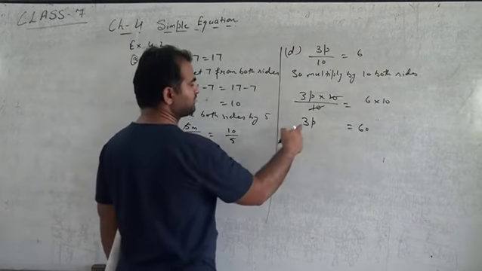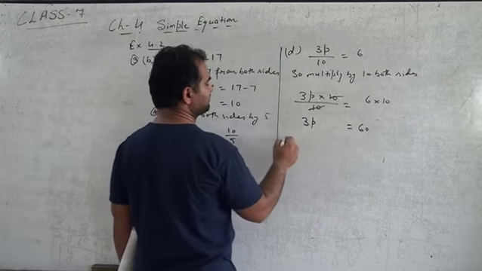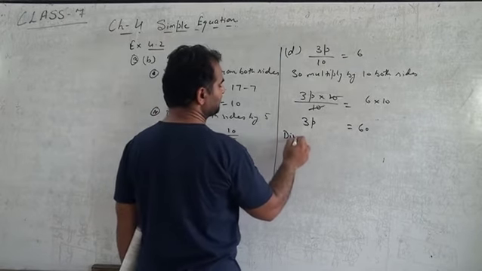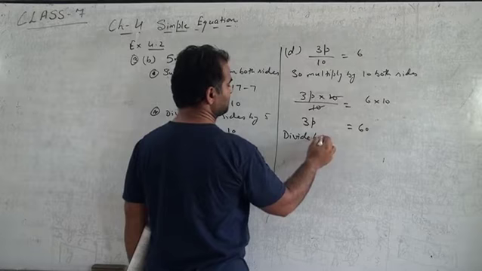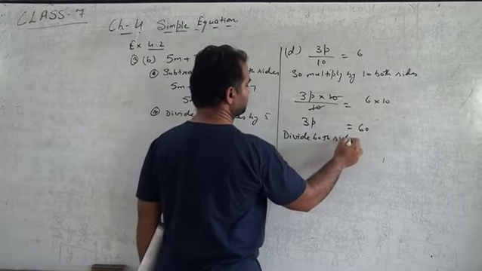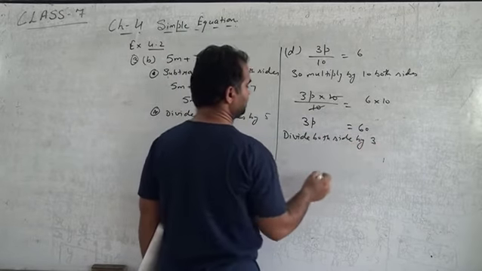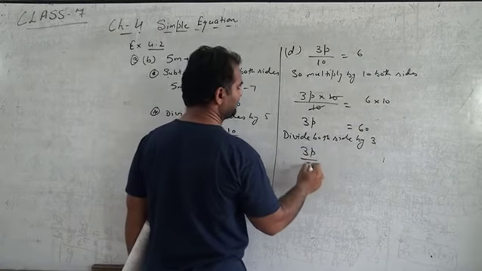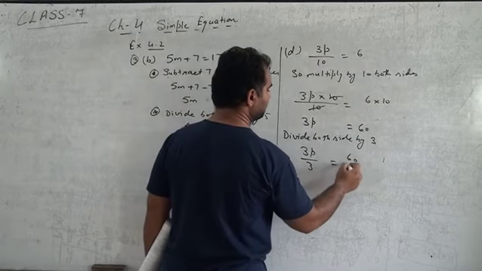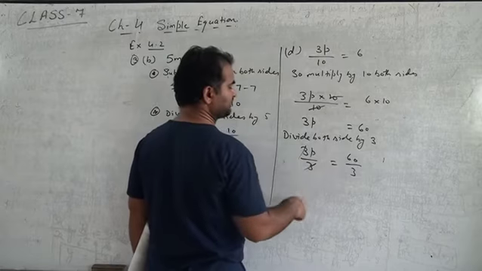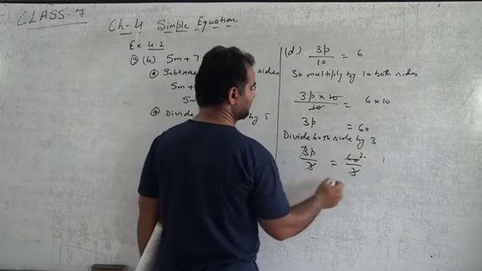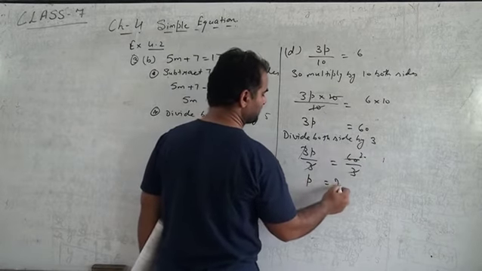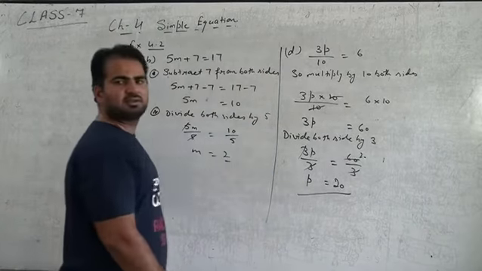Now we have to get rid of this 3. So divide both sides by 3. So it will be 3p upon 3 equals 60 upon 3. 3 and 3 cancel. It will be 3 twenties. P equals 20. This is our final answer.